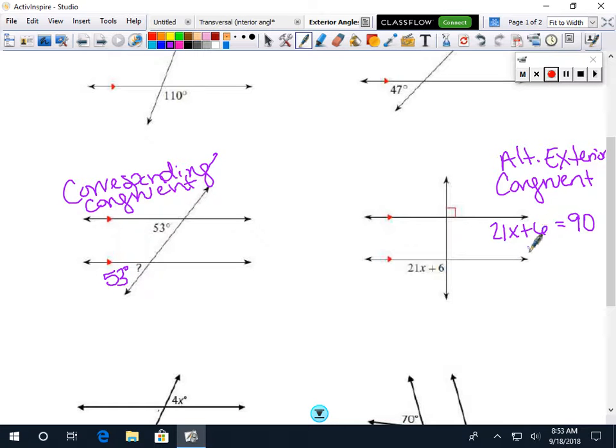To solve for x, I'm going to subtract 6. I get 21x is equal to 90 minus 6, which is 84. Divide both sides by 21, and x is equal to 4.